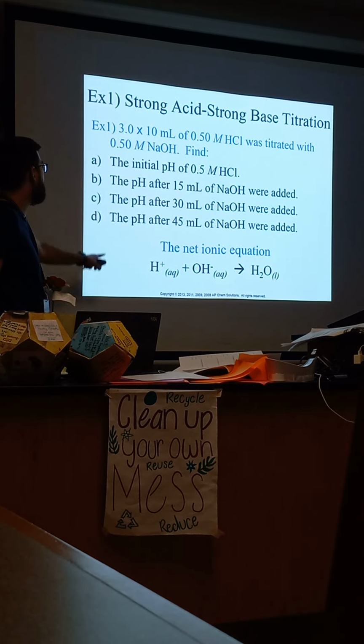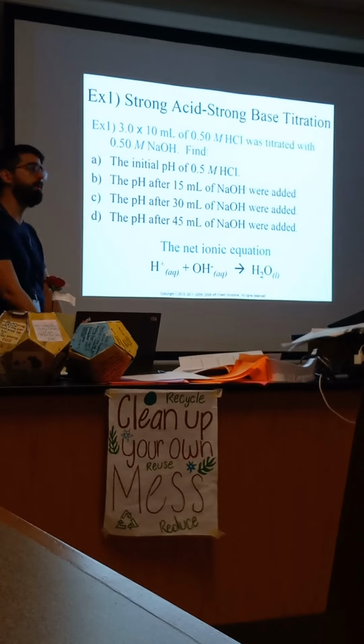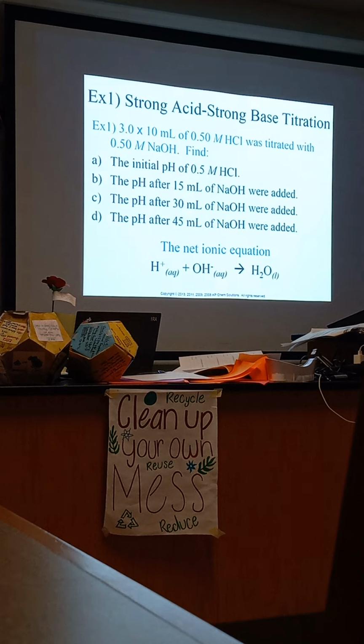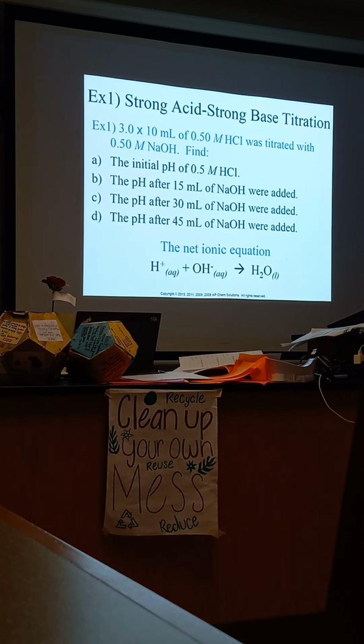And then D is interesting. Someone tell me what's happening with D. And keep in mind, we haven't done any math yet. We're just using our eyeballs and our brains right now. What does D tell us, guys? It's the same thing, just with 45. So that would mean that it would start to become basic.